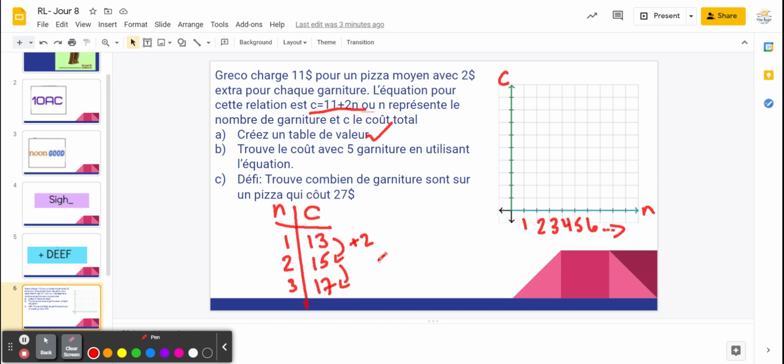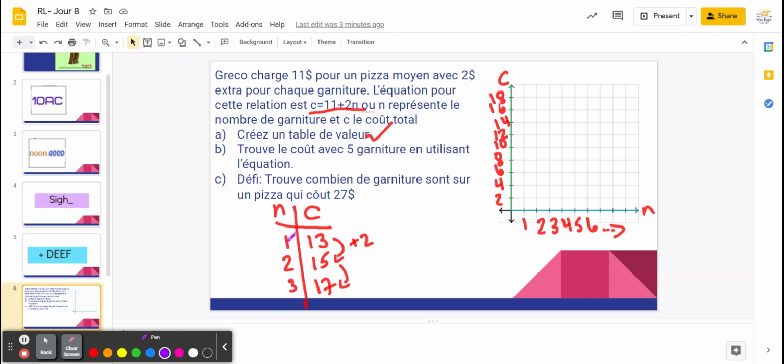Whereas for my C values, I see that these numbers get really big. So I probably am not going to jump by 1, but I'll probably jump by 2 or 3 each time. Okay, and again, you're allowed to change how much you jump by depending on the data that you have, and that's totally okay.